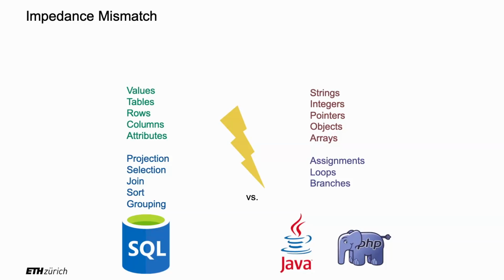This is what we call an impedance mismatch. An impedance mismatch actually comes from the electrical engineering world. It's when you connect microphones and loudspeakers, like what you're doing outside for ETH Day, and you're plugging in a cable with something that's not appropriate in terms of what's called an impedance.